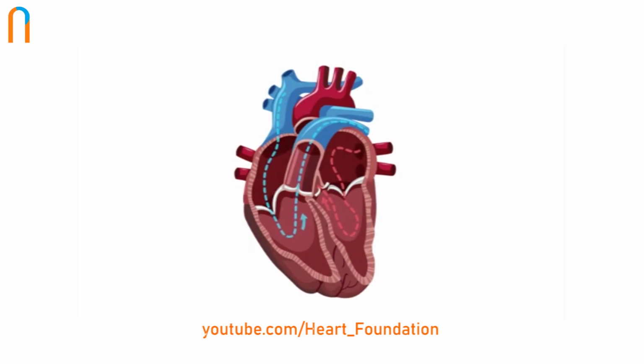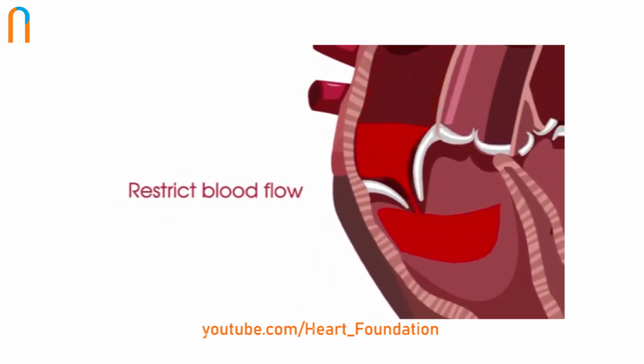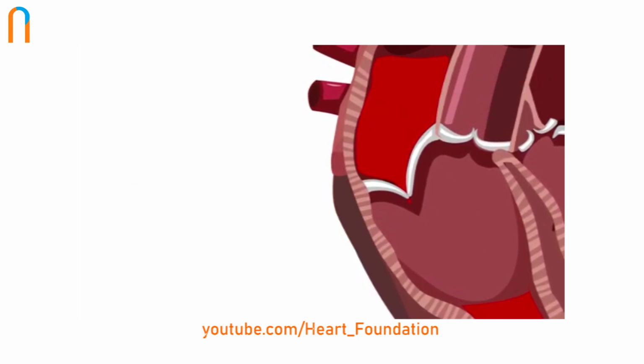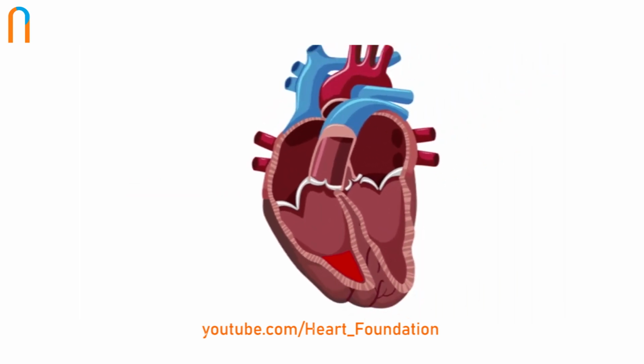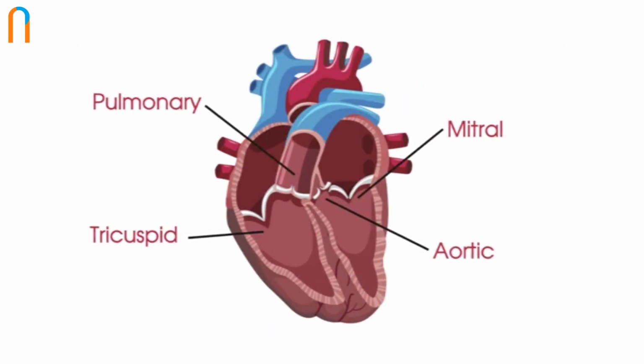There are two types of valves in the heart: atrioventricular and semilunar. Atrioventricular valves. The tricuspid valve, located between the right atrium and the right ventricle, is made up of three cusps, whereas the mitral valve, which lies between the left atrium and the left ventricle, has two cusps.